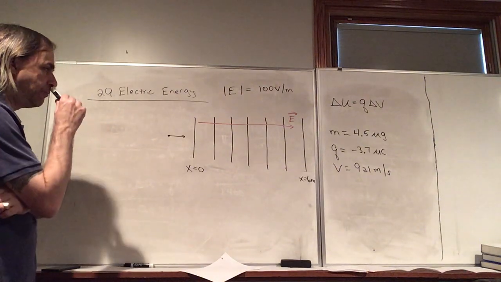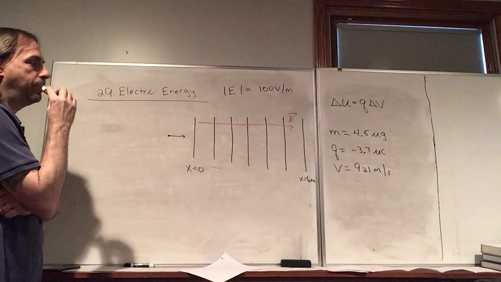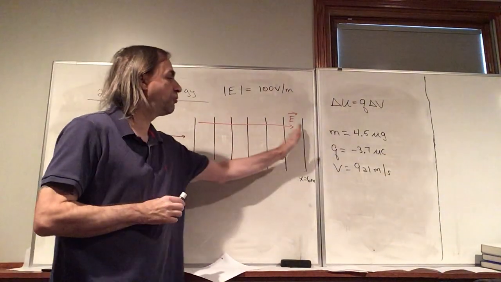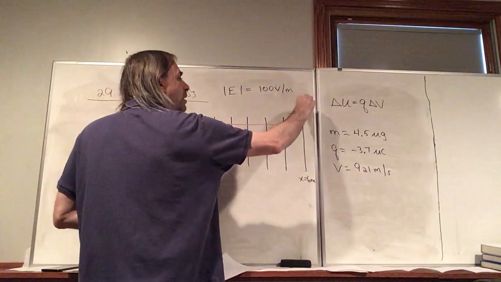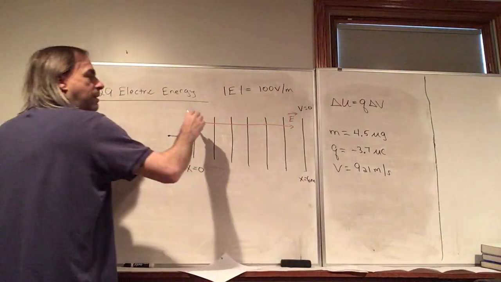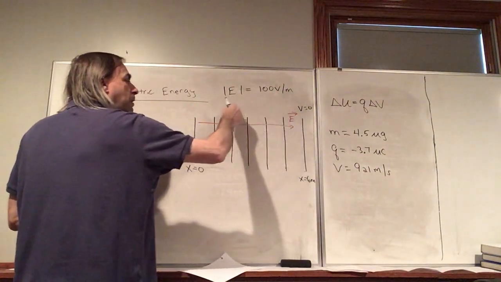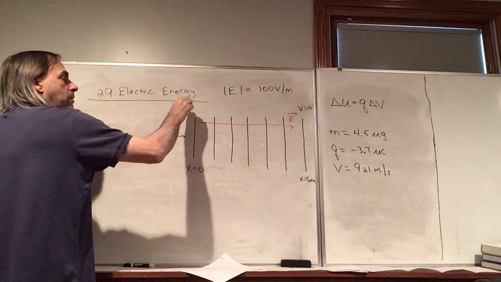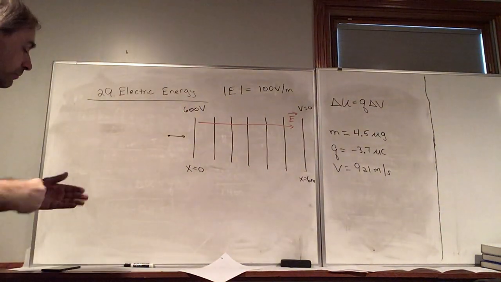And let's label this. Remember, we know that electric fields go from high potential to low potential. So let's just say that the potential all the way at this end is 0, and it's 100 volts per meter, so this would be 100, 200, 3, 4. So it starts out at 600 volts over here.